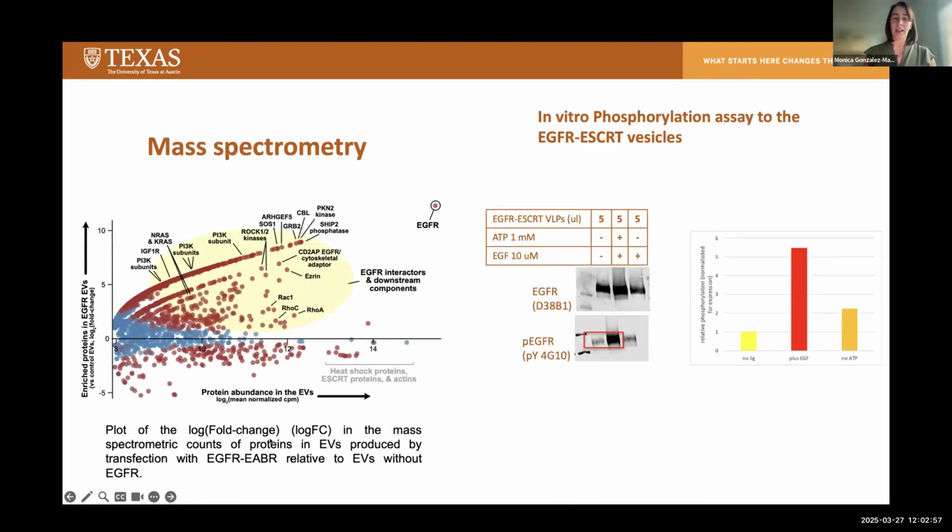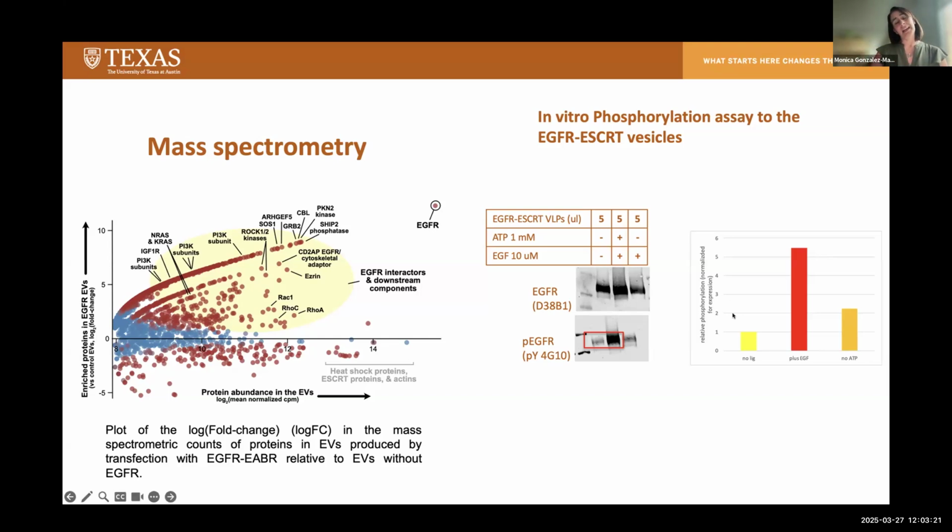We also analyzed what other proteins were coming together in those vesicles, with the surprise that all the effectors and adapter proteins described for the EGFR pathway were present in those vesicles. So for us that was a realization that this method is very powerful to study interactomics.